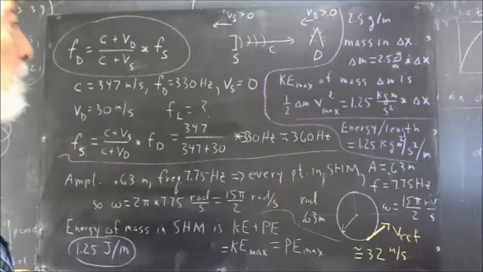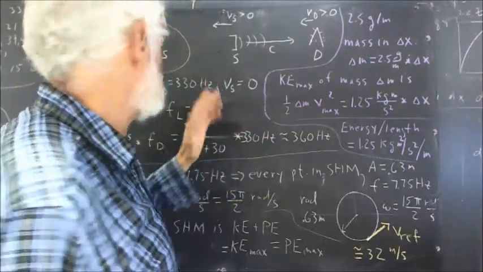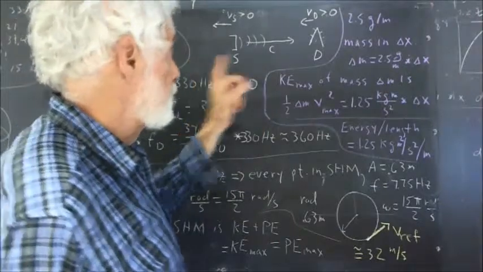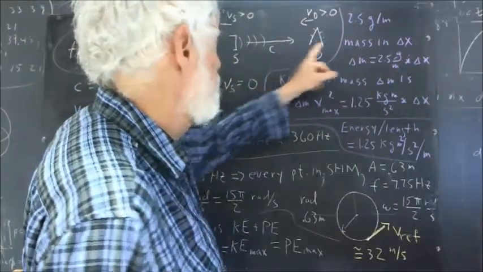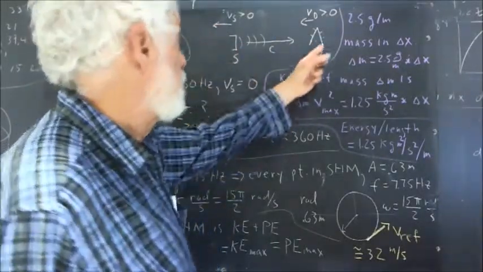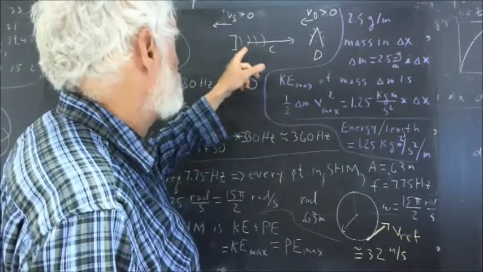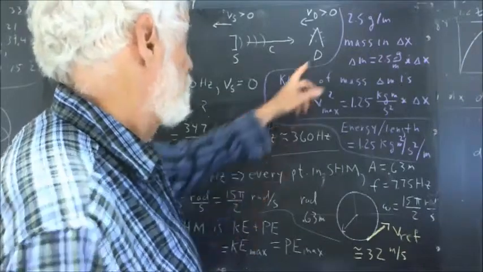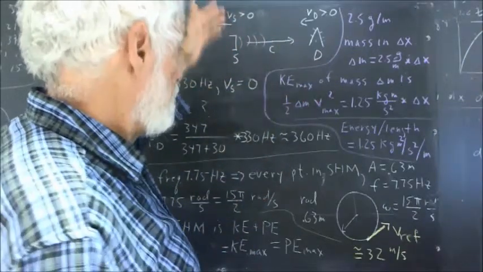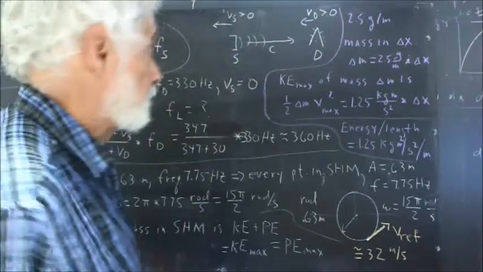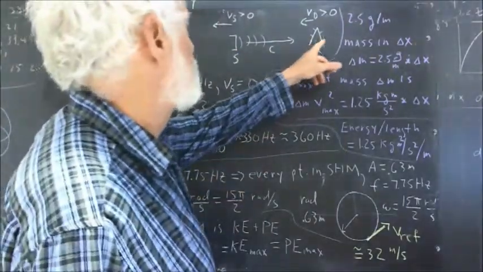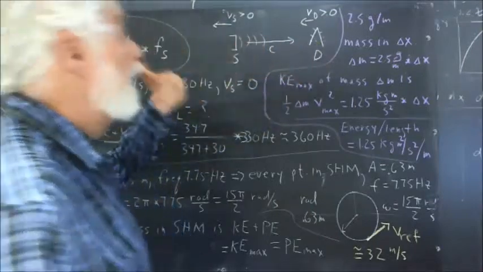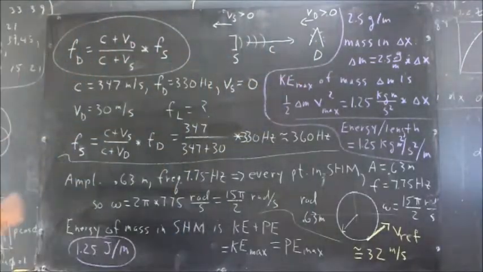First of all, if the source is stationary, then the velocity of the source is 0. If the source is stationary and the velocity of the detector is positive, then the detector is going to encounter these waves more quickly than it would if it was stationary. If it was stationary, it would be detecting the waves at the frequency at which they're produced. So the frequency observed by the detector, which is approaching a stationary source, will be higher than the frequency of the source.